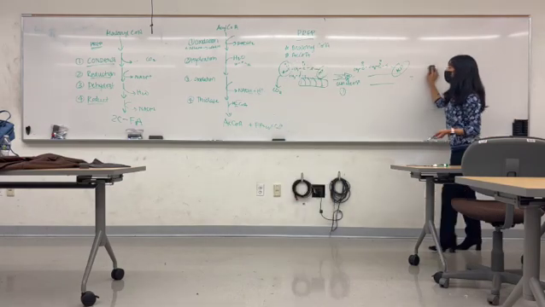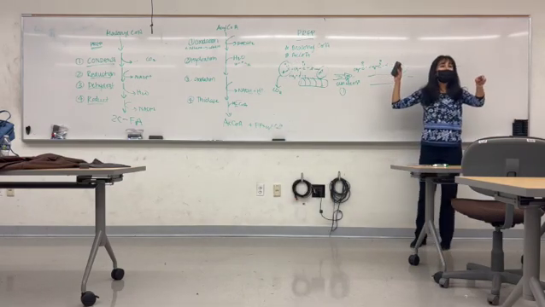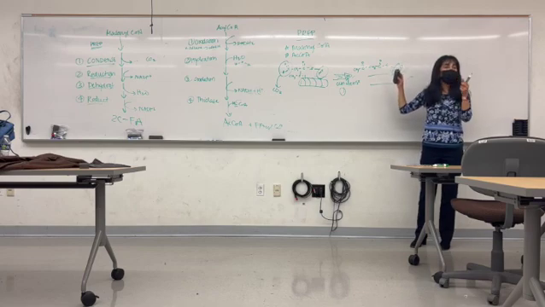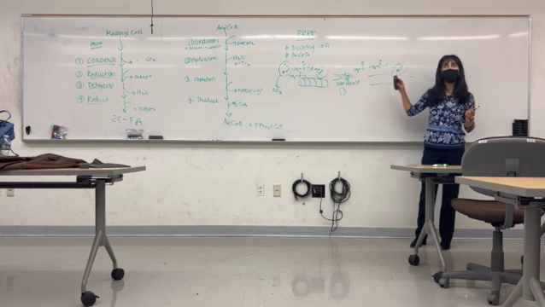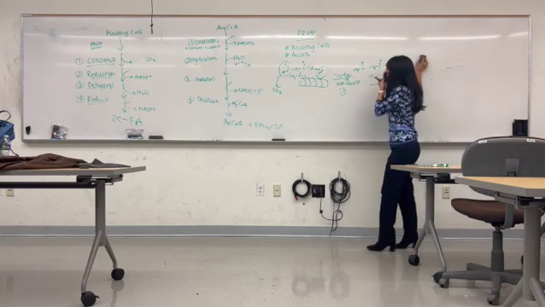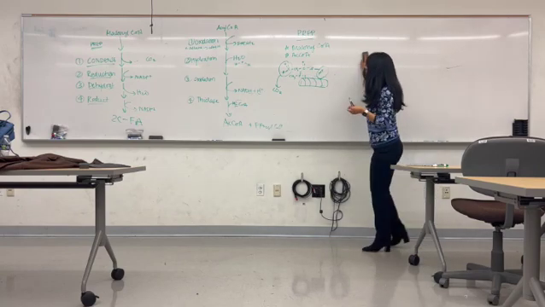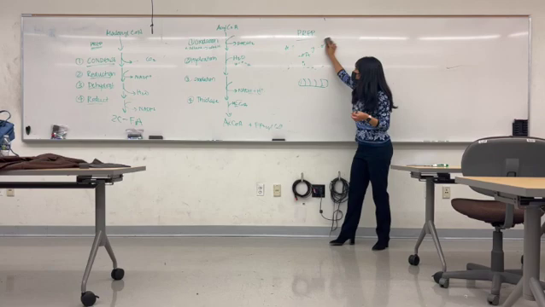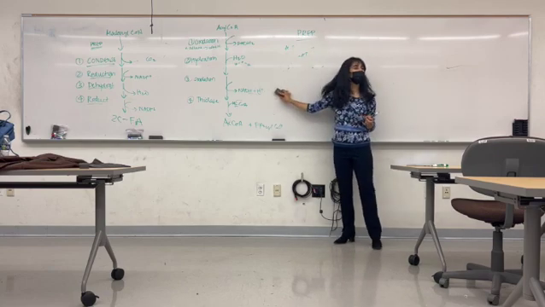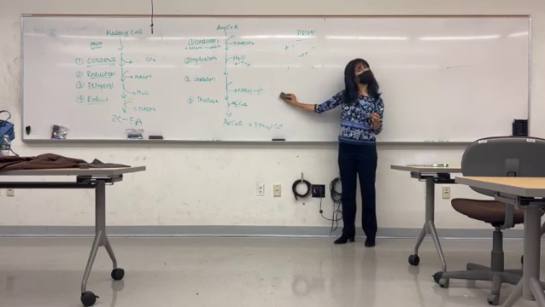Okay, let's do this. How many Malonyl CoA are used to make my 16-carbon palmitate? 7. Okay, so then how many Acyl CoA were used? 8. How many of those get converted to Malonyl CoA? 7.